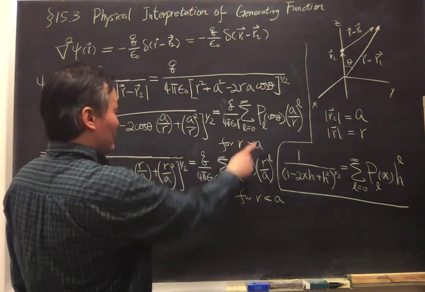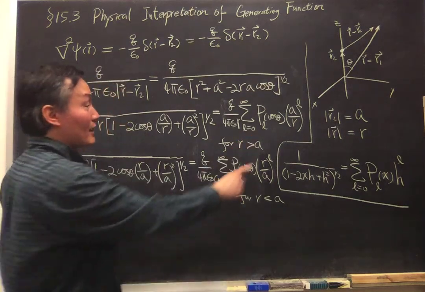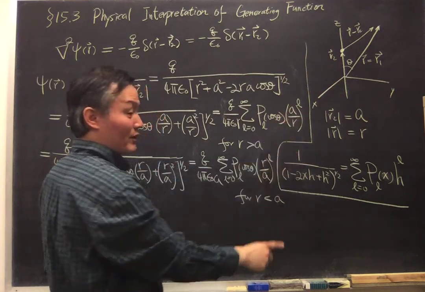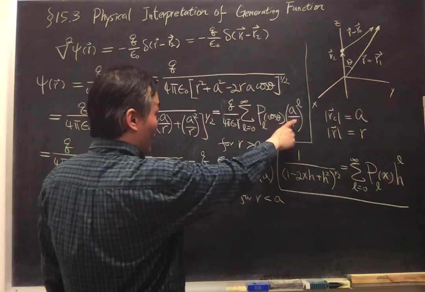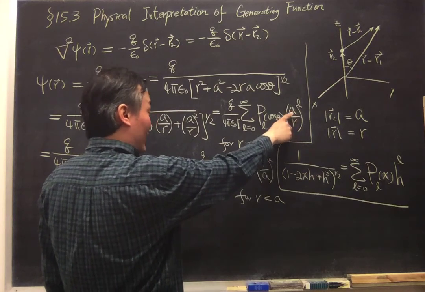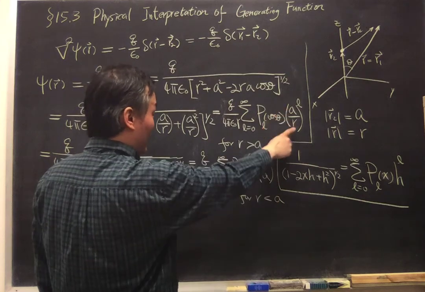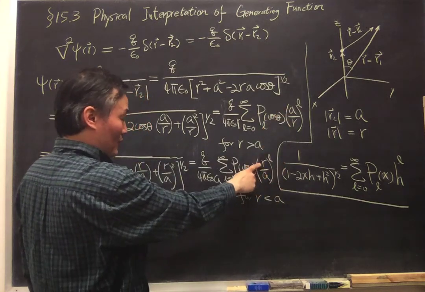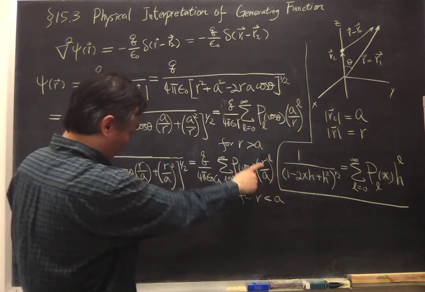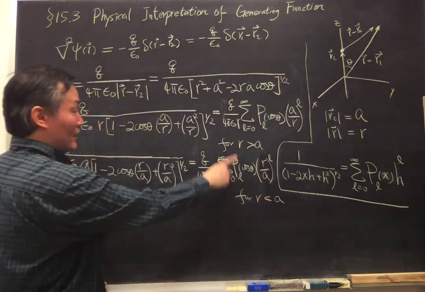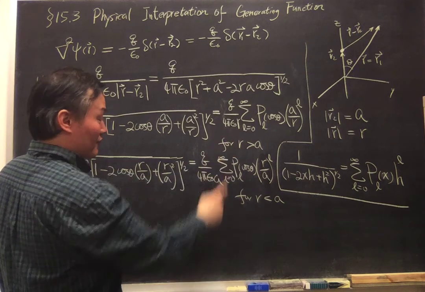Comparing these two cases, we notice that the expansion power is always less than 1. It is always the smaller value divided by the larger value, A less than R, or R less than A, and then we pull out the larger value in front.